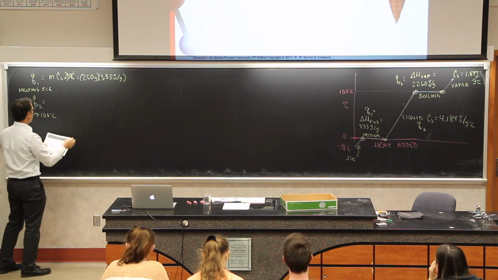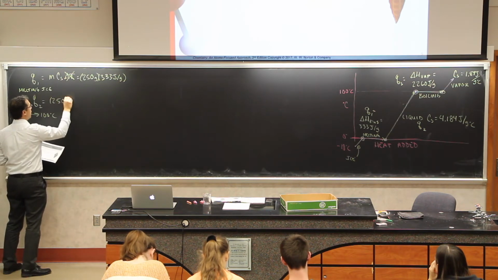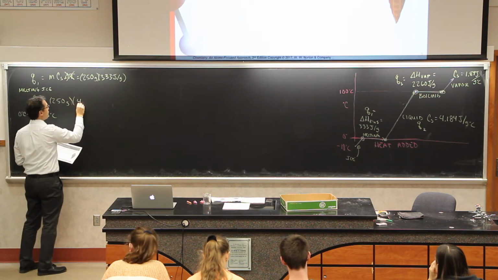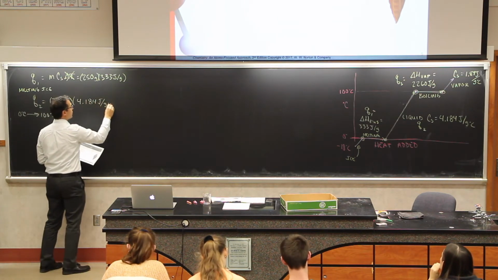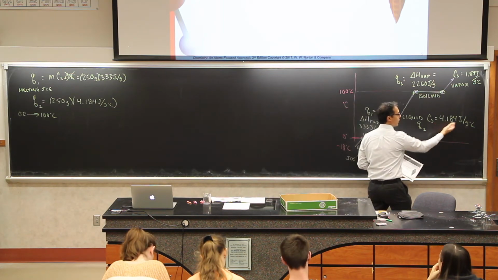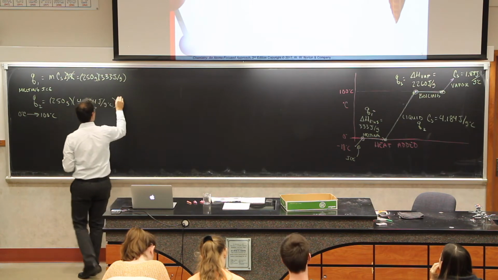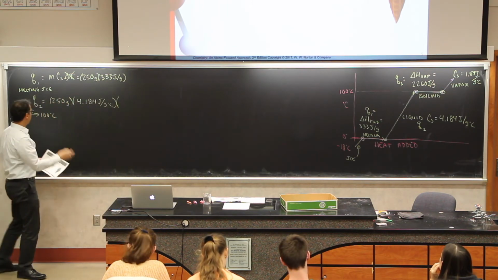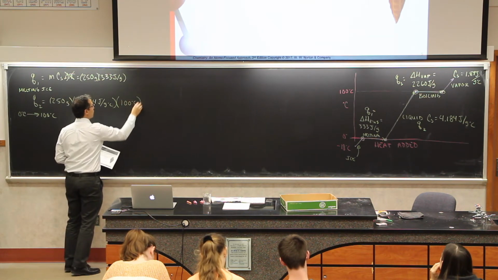And it's going to be our same equation. We'll do 250 grams. Our specific heat of water is 4.184 joules per gram degrees Celsius, times our change in temperature. And we're going from 0 to 100, so that will be 100 degrees.